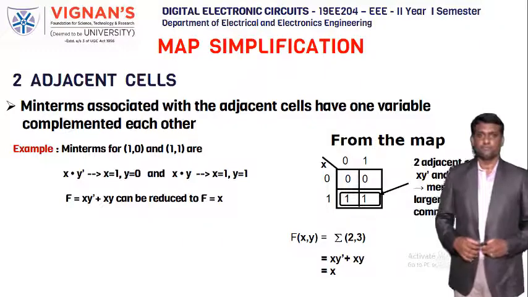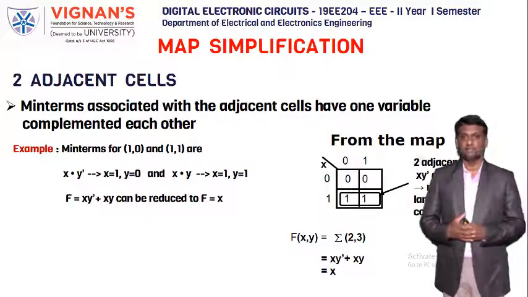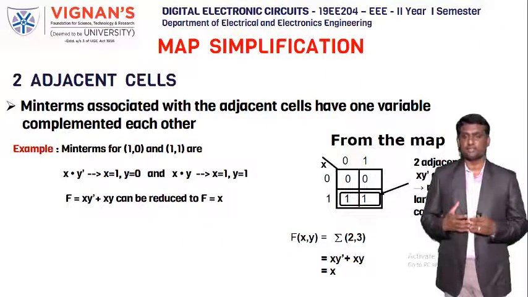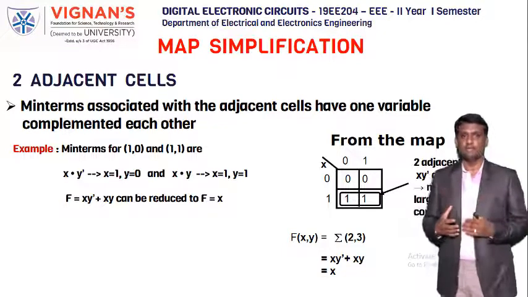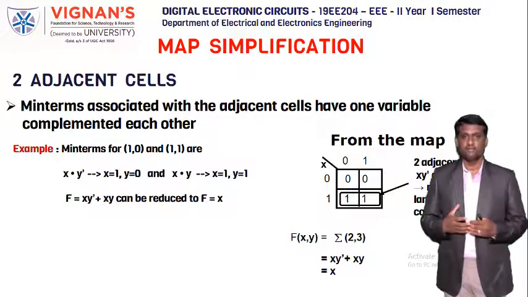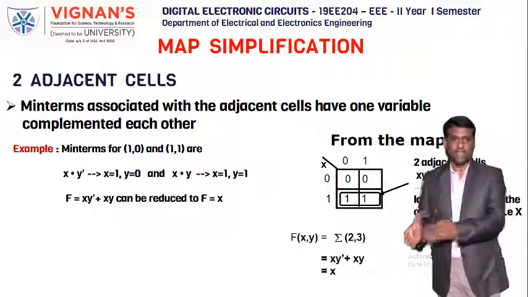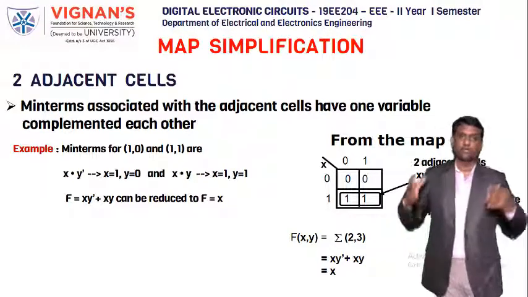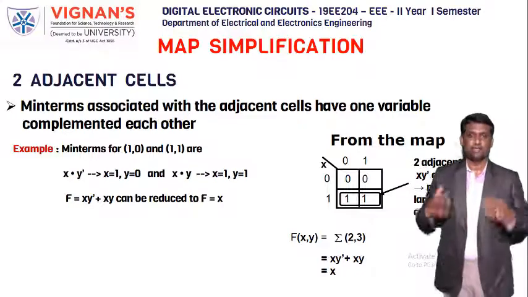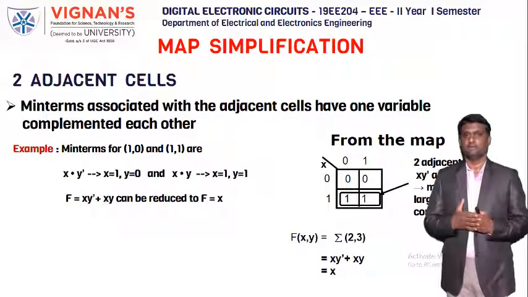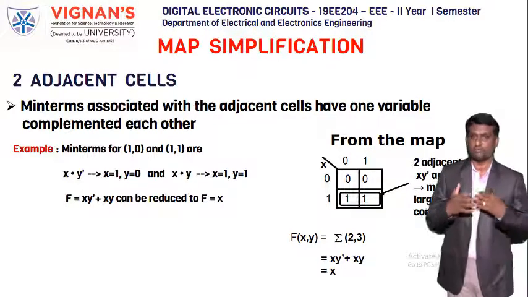So in K map simplification, for the 2 variable map with 2 adjacent cells, I already told you in the last slide, that by grouping of the cells we are going to simplify the K map.